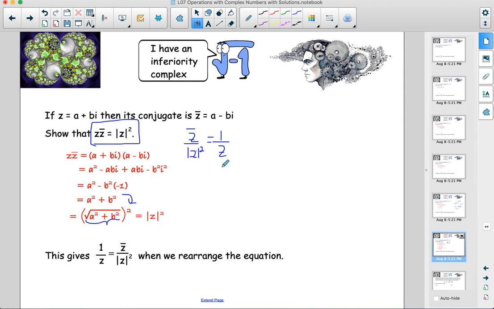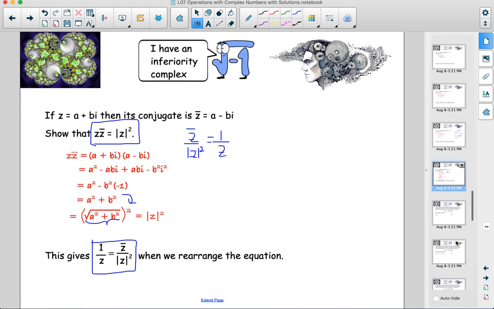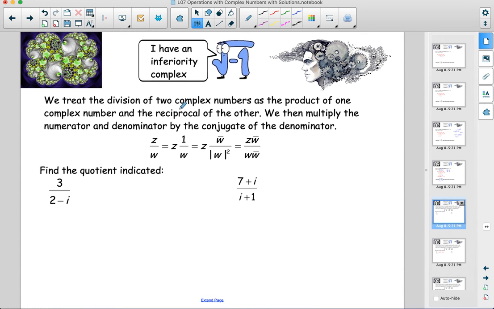So whenever I see 1 over z, I can replace it with this formula. And you see we're going to use that in a few minutes to develop a formula for how we're going to handle it when we want to divide two complex numbers. So I want to divide two complex numbers. So z divided by w could be written as z times 1 over w.